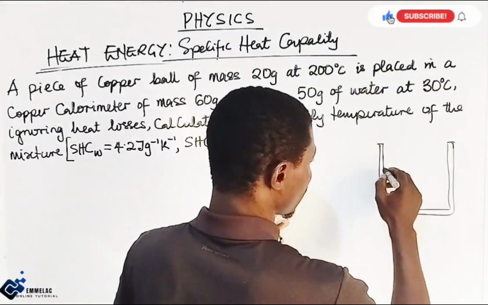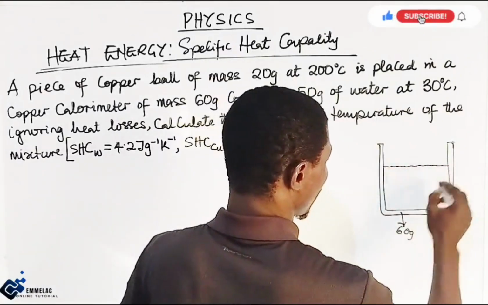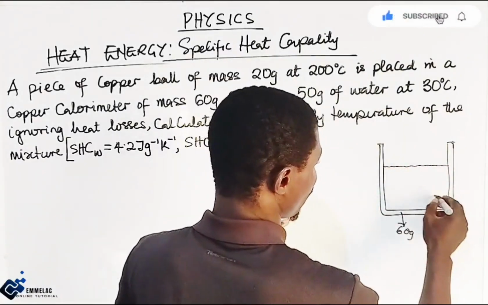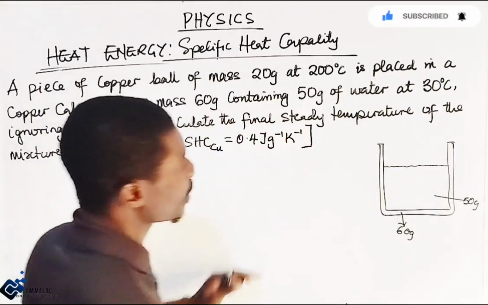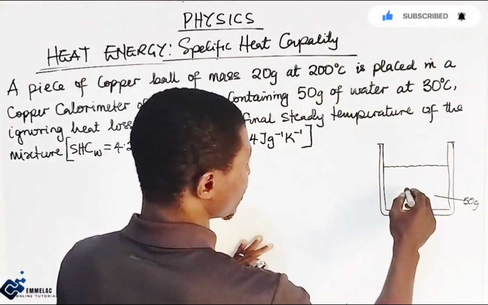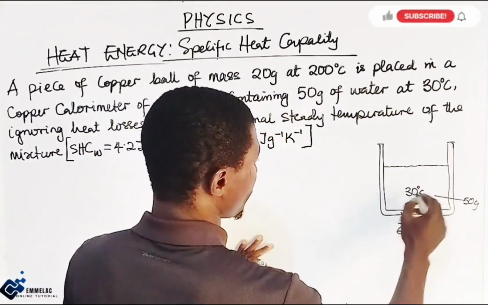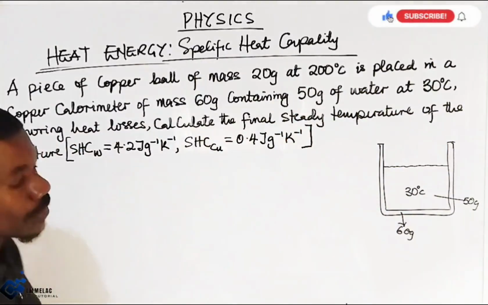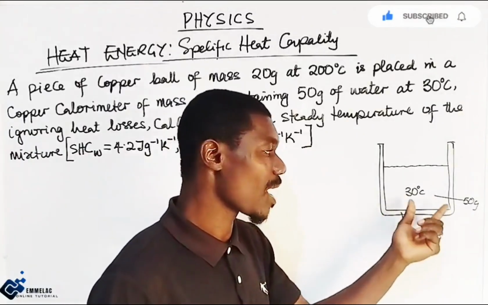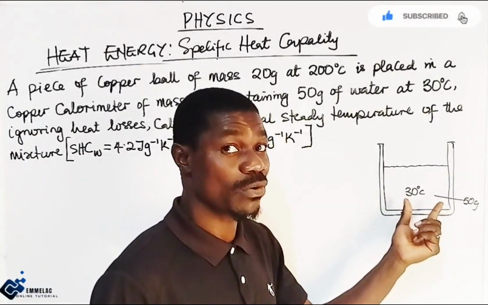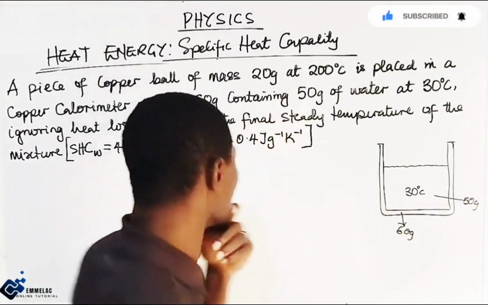So let's assume this is the water here. The water itself is 50 gram, and the temperature here is 30, which implies that both the calorimeter and the water have a temperature of 30 degrees Celsius.